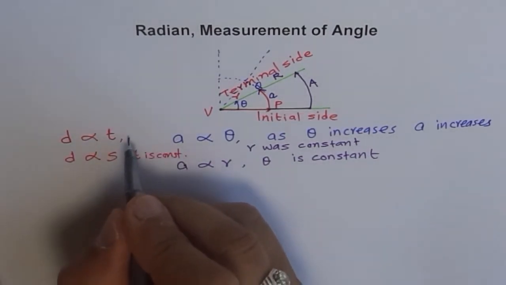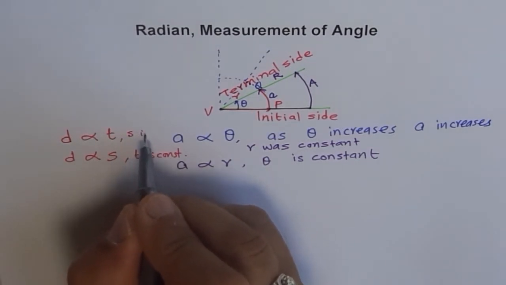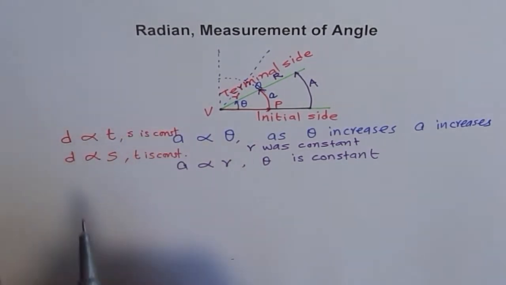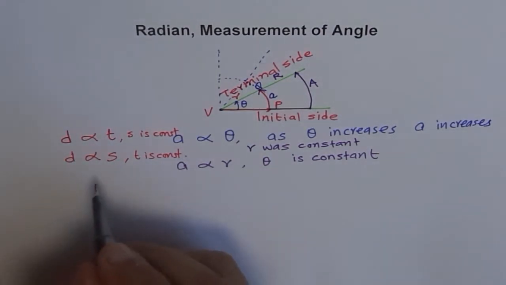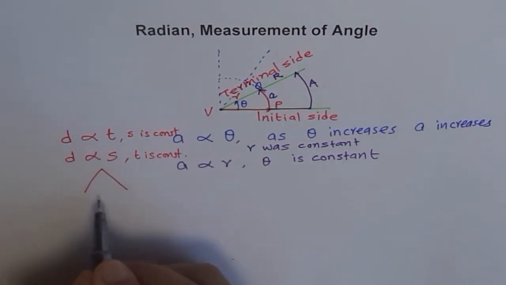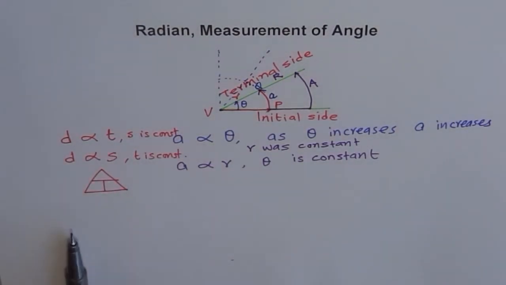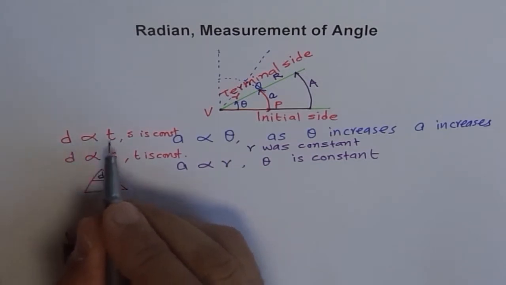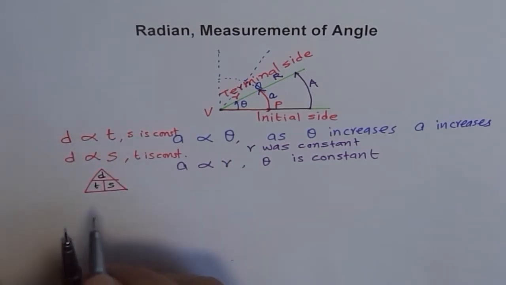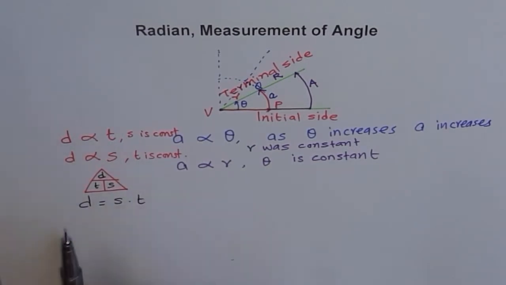And here where speed is constant, right? Correct? So, in distance and time we found a relation, like we could make a triangle like this, and we said, well, in distance and time terms, distance is proportional to time and speed, and therefore distance is equal to speed into time. Correct? That is, if you are driving at 60 kilometers per hour and if you drive for 5 hours, distance covered will be 60 into 5.